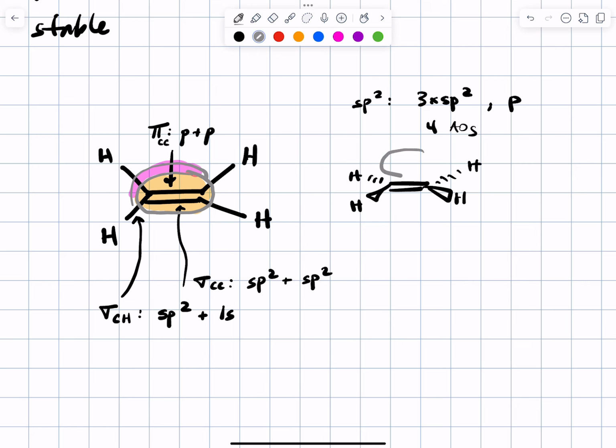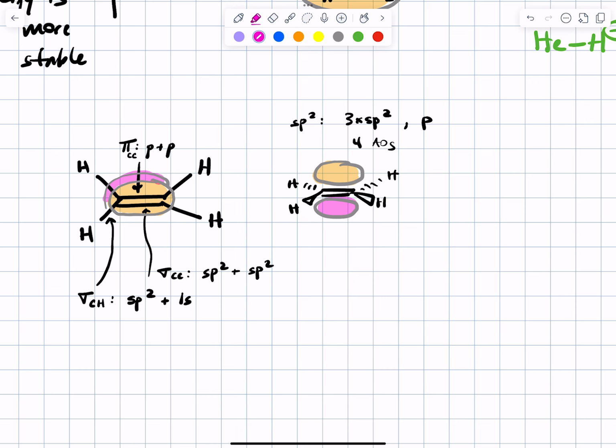From the side, the pi bonding orbital would look like this, and because we like complete representations, it's also totally fine to draw that pi bonding orbital just as though you had two p orbitals there side by side.